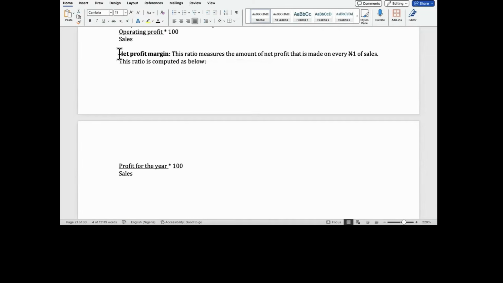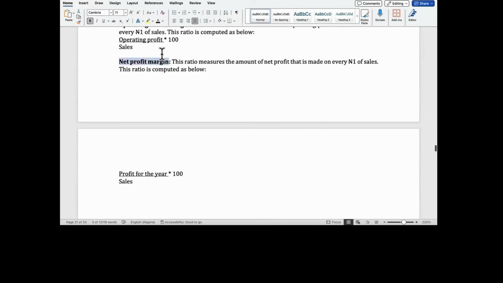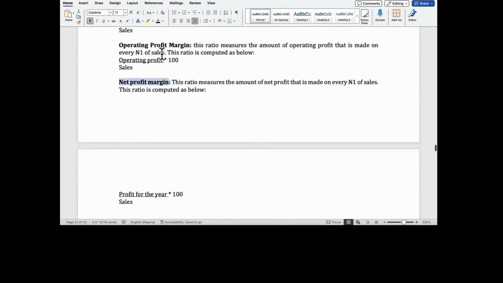What will have caused movement in this net profit margin is majorly the interest that you're paying. Because that's what's between operating profit and net profit. Just interest.